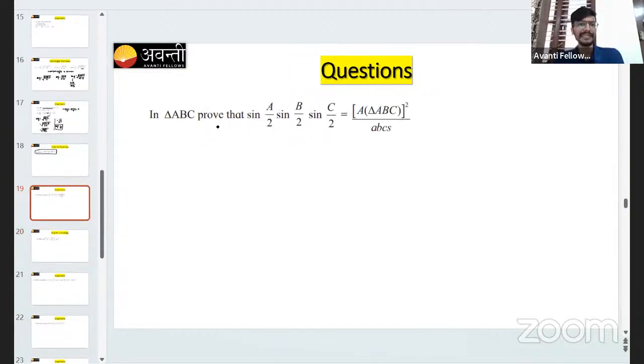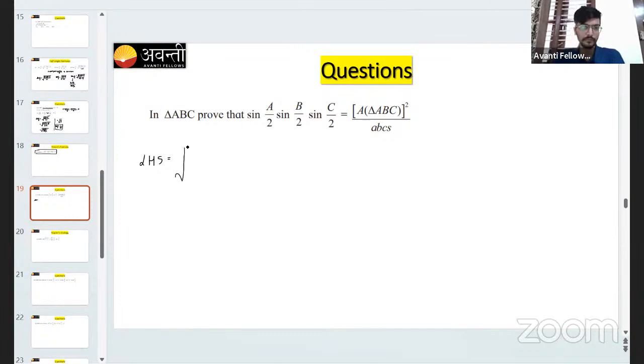In triangle ABC, prove that sin A by 2, sin B by 2, sin C by 2 is equals to area of triangle ABC का square upon ABCS. So अभी यहाँ पे A by 2, B by 2, C by 2 आ गया sin, which we know the formula. So we don't need to convert by using half angle. So obviously we'll start with LHS. LHS start करेंगे sin A by 2. What is sin A by 2? Formula याद है क्या?